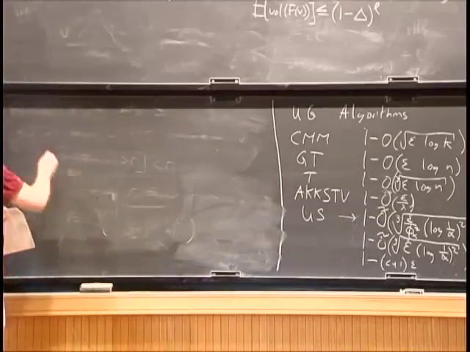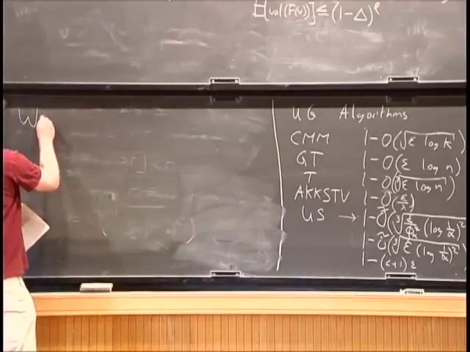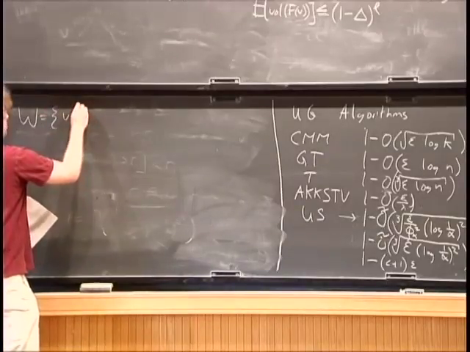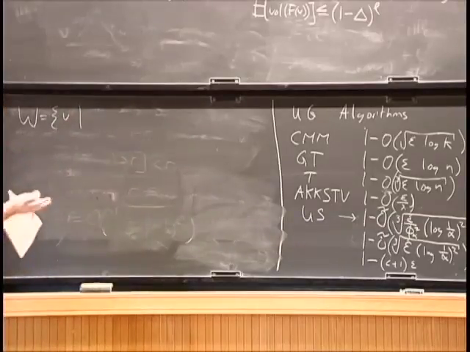We'll define a set W, and this will be all the outliers. So a vertex is an outlier if it has many vertices that are far from it.